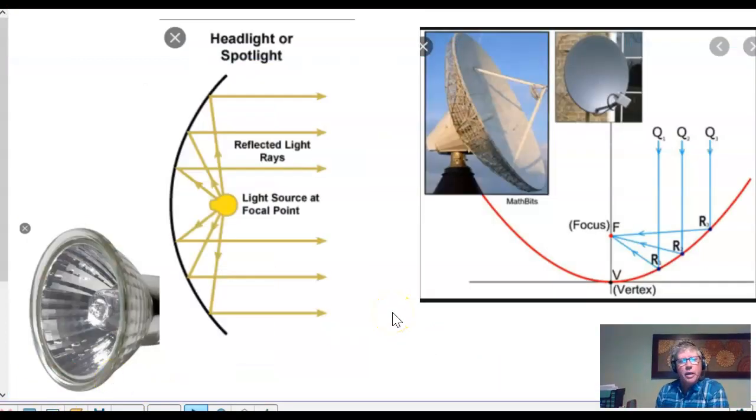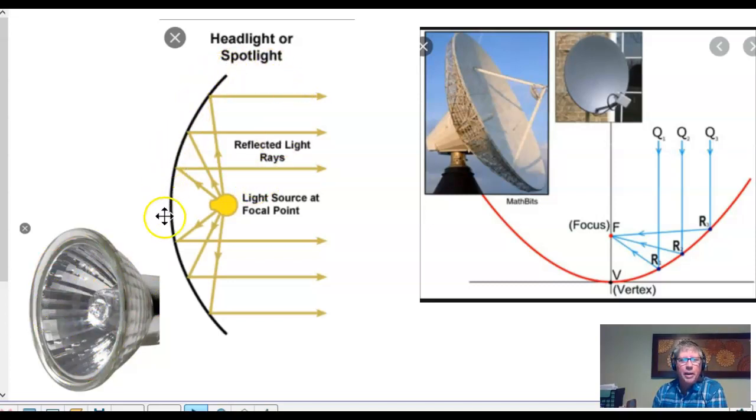We're going to talk about parabolas. There's another way to look at parabolas, and that's using the foci and eccentricity. These are different terms for how wide or narrow they are. I just like to show you that anybody driving a car has a headlight.